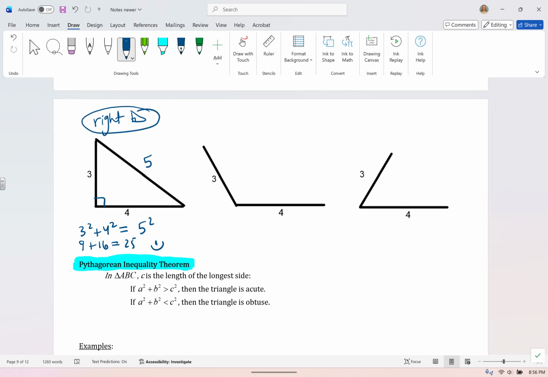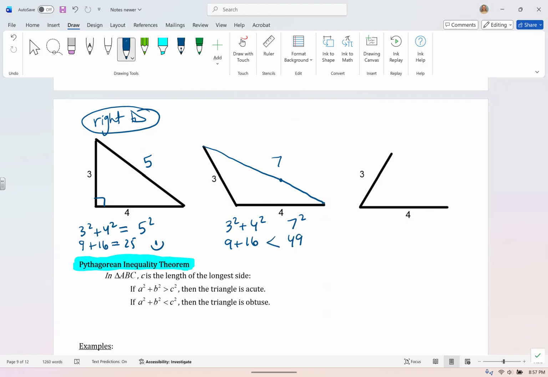However, if you've got two sides, the legs, and then the longest side is actually longer than 5. Can you imagine what this would be like? 5 is about that big, so maybe it's like 7 or something. So if you do 3 squared plus 4 squared, the two short sides, and then you get 7 squared. If the legs, the shorter sides, are actually smaller than the hypotenuse or the longer side.